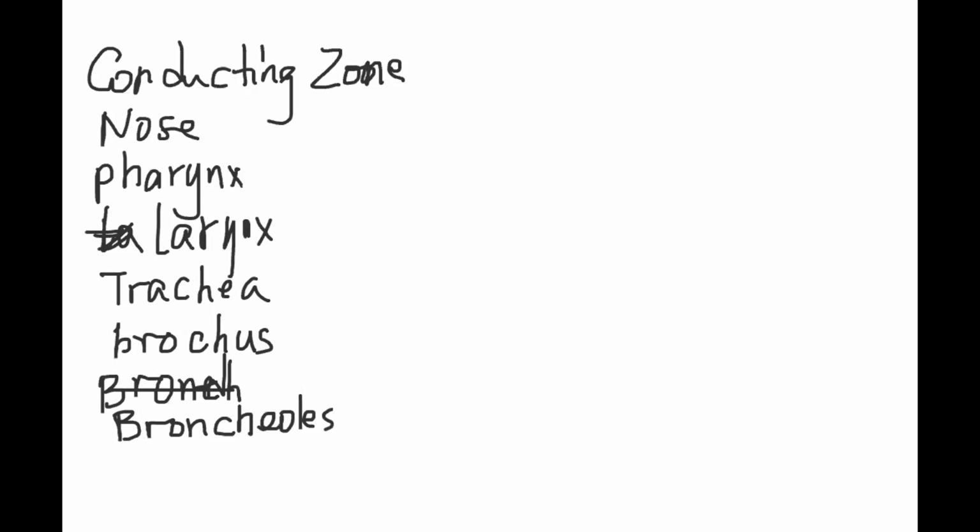And then the next part is called terminal bronchioles. Okay, that's the parts for the conducting zone structures.